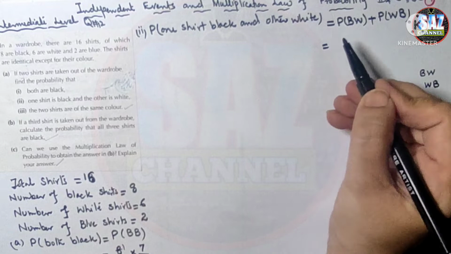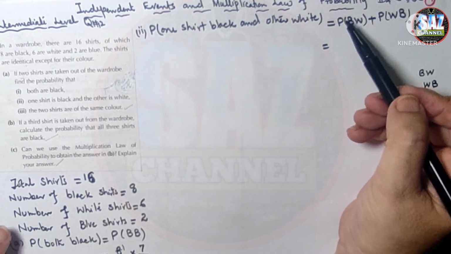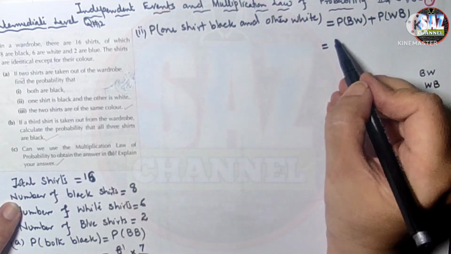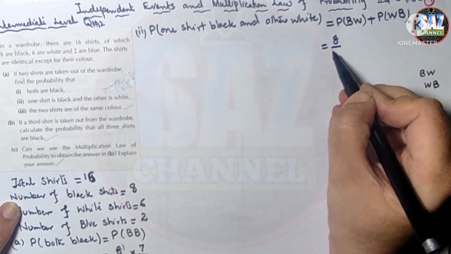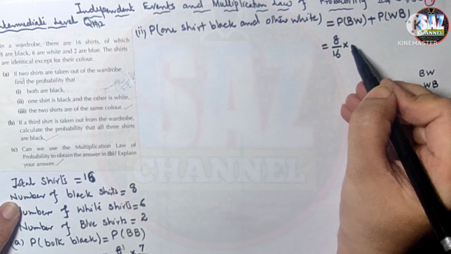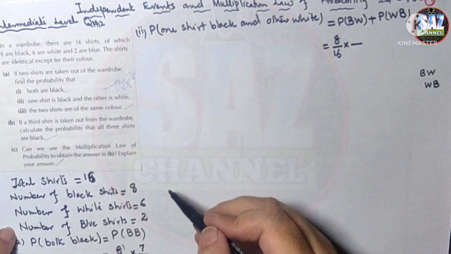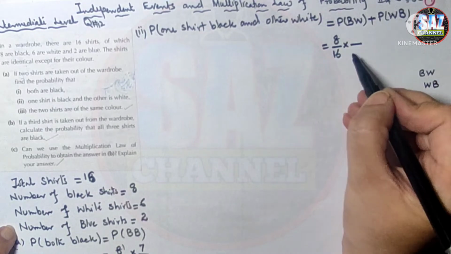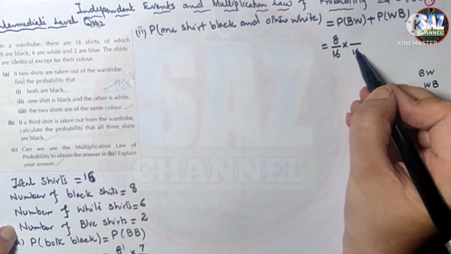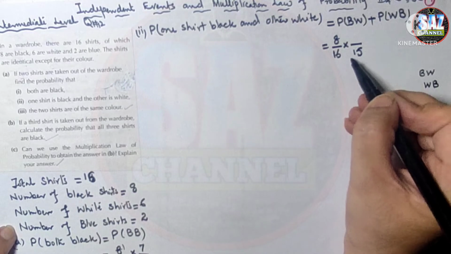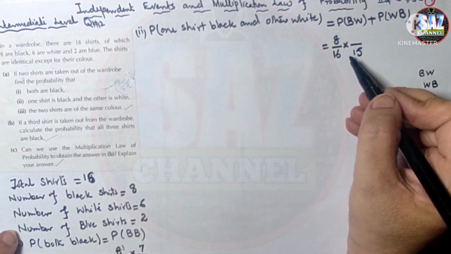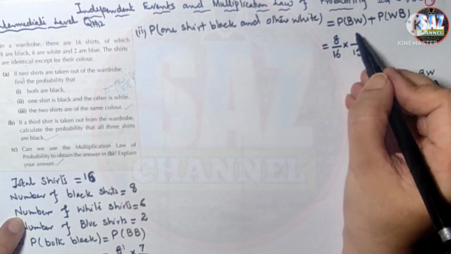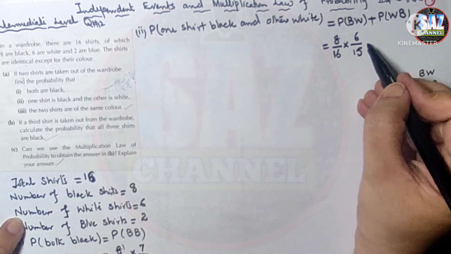When I am picking up a black shirt, the choices are 8 by 16. As I am picking up shirts from the same wardrobe, the total will no more be the same. There will be one less than the actual total, but the number of white shirts is not affected by the choice of black.